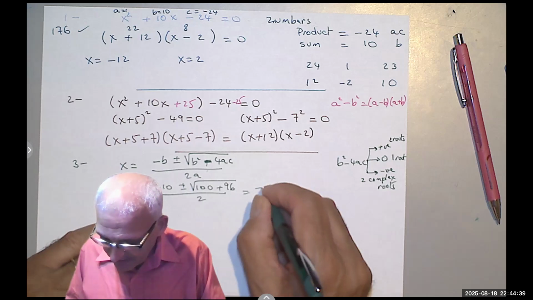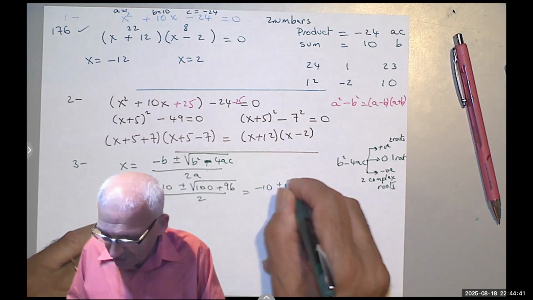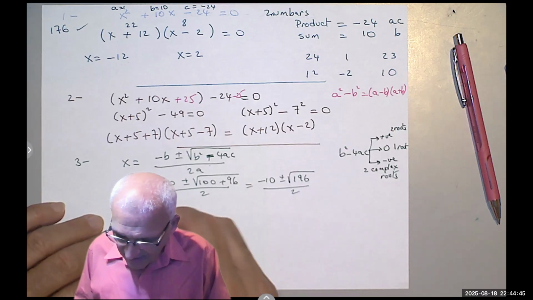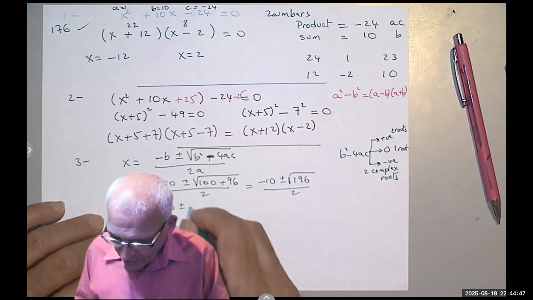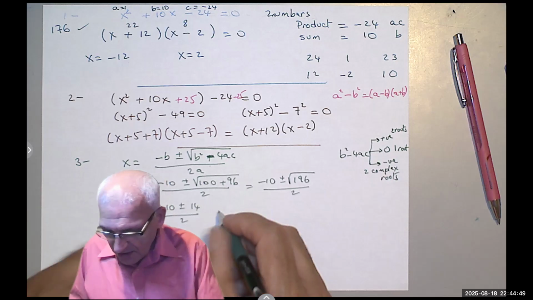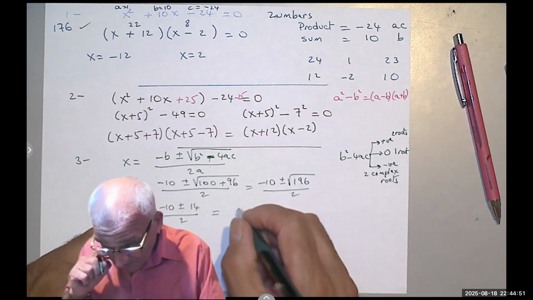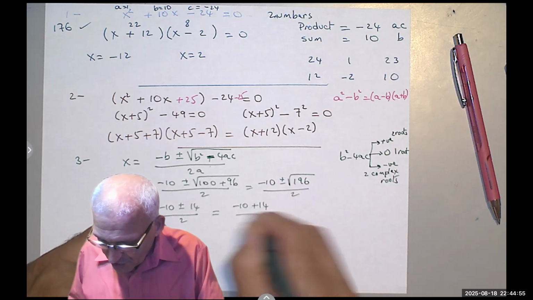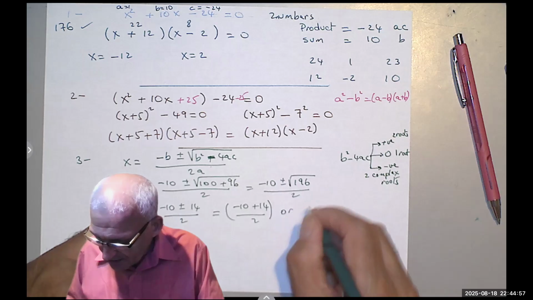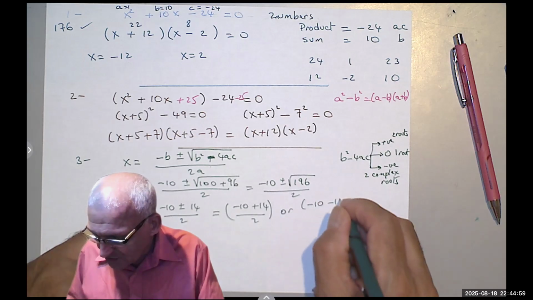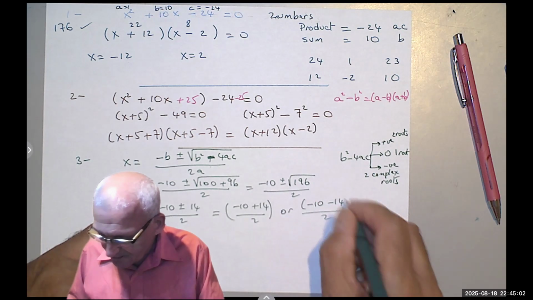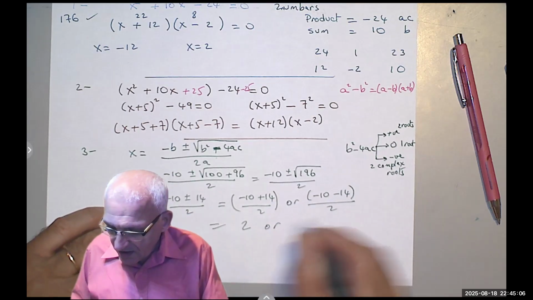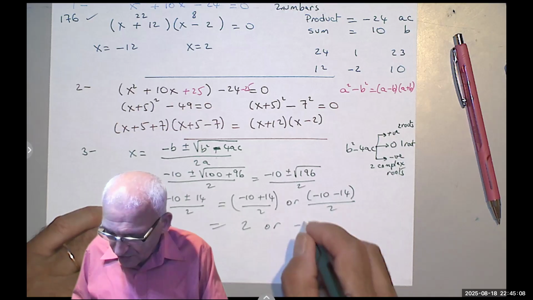This becomes negative 10 plus or minus the square root of 196 over 2 equals negative 10 plus or minus 14 over 2. So it equals negative 10 plus 14 over 2 or negative 10 minus 14 over 2 equals 4 over 2, negative 24 over 2.